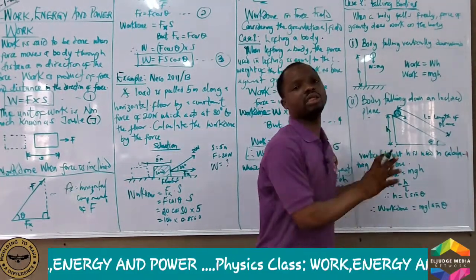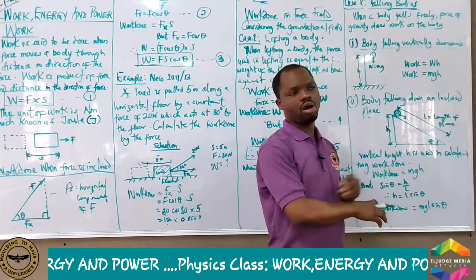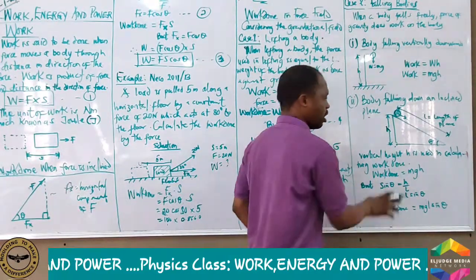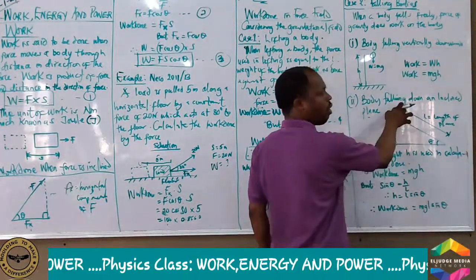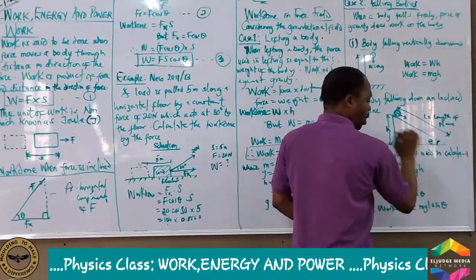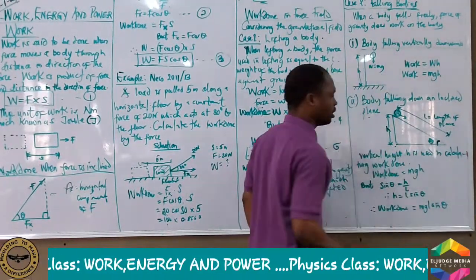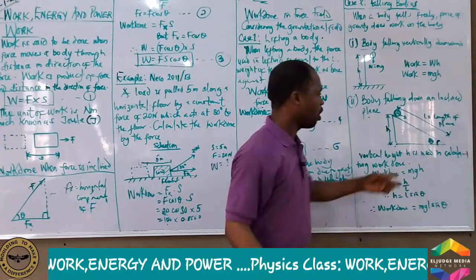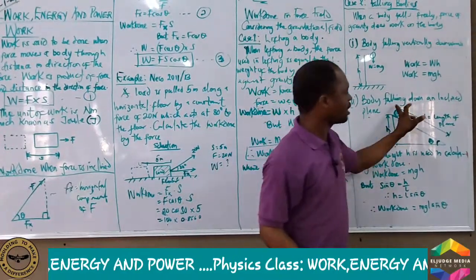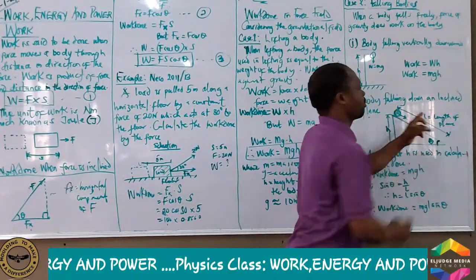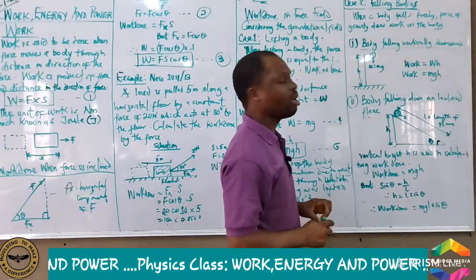We are not considering the frictional force on the inclined plane now. We are only looking at work done on this body. This is the angle of inclination of the inclined plane, and this is the length of the plane. We are representing it with L.